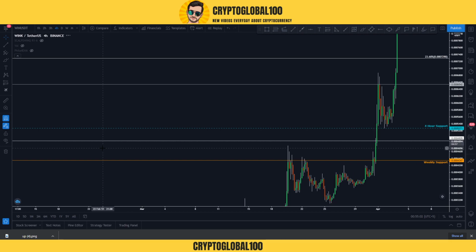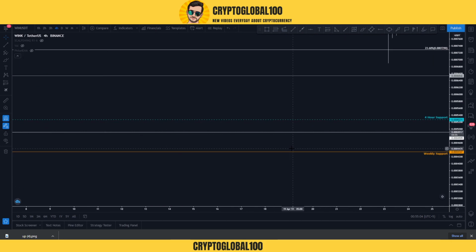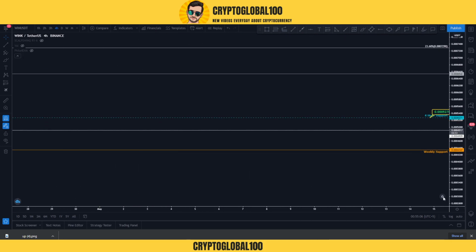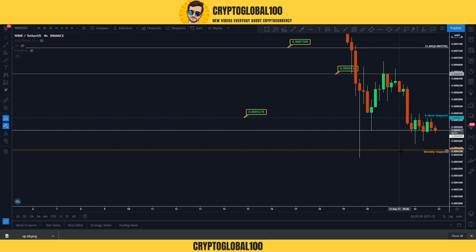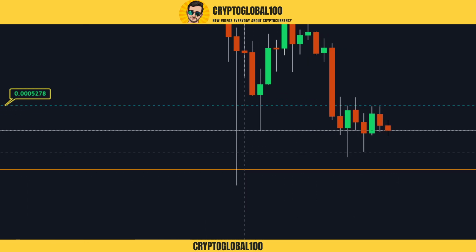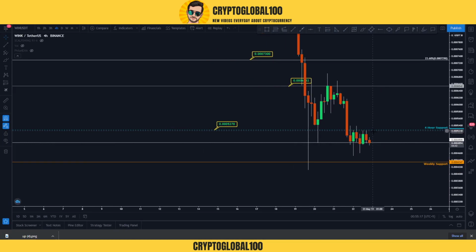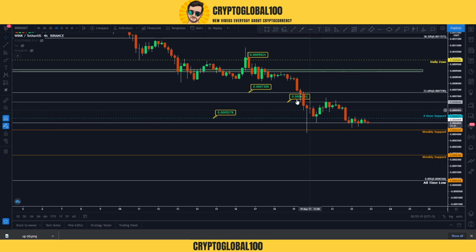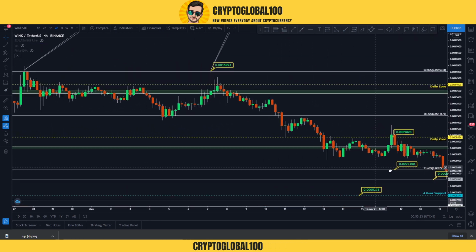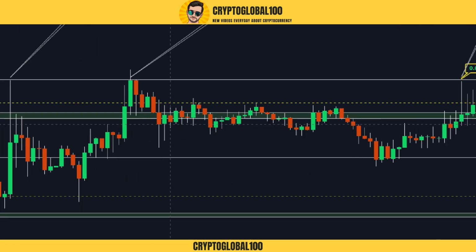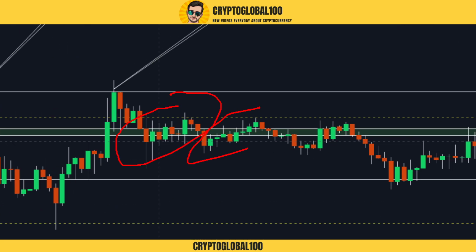You can see multiple rejections at this area. We have seen multiple rejections in the past, and this accumulation zone, like this one. A lot of accumulation here.